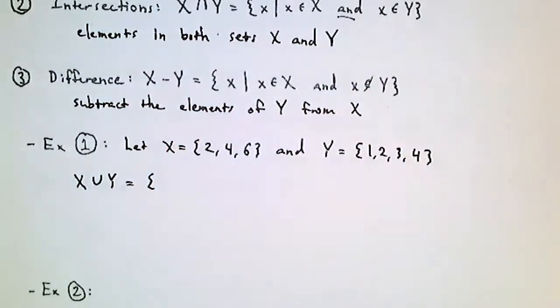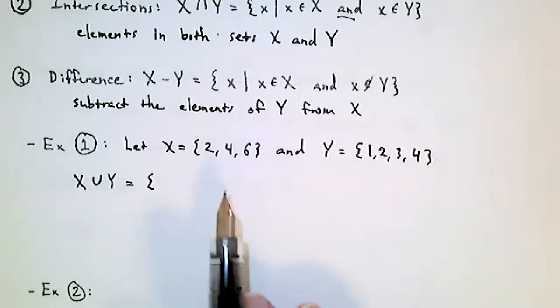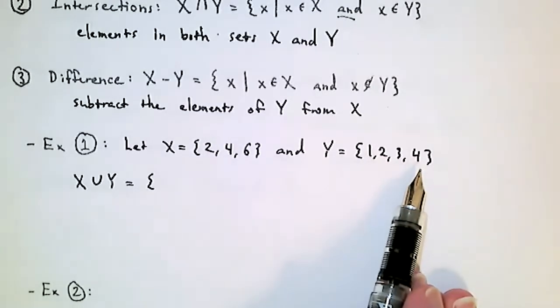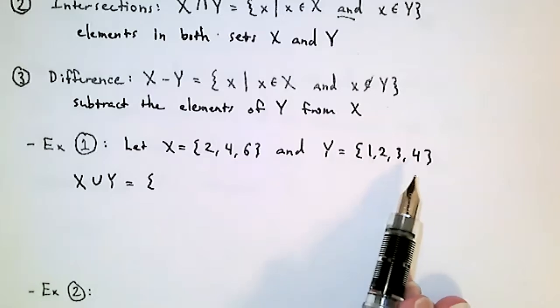Let's just list out the set's elements. So you said 2 and 4 in the chat. That's actually the intersection. So 2 and 4 are in both sets. What would the union be? 1, 2, 3, 4, 6. Good.